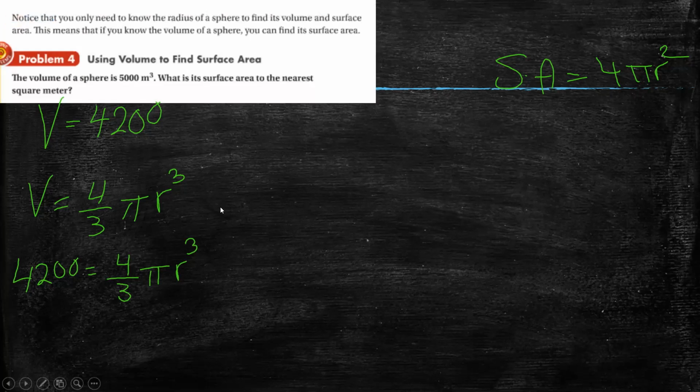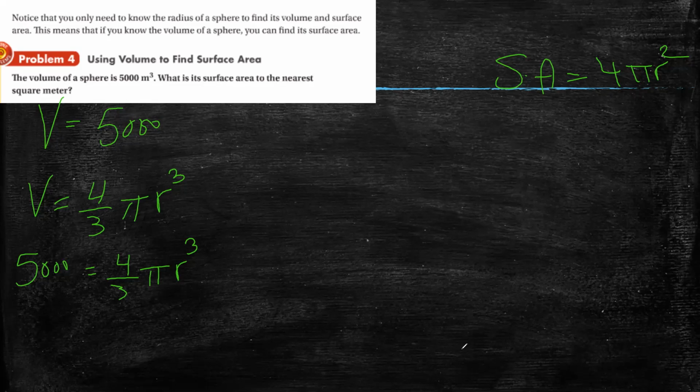Okay, sorry, let's come back here. Here now the volume is 5,000, which is 4 over 3 pi r cubed.